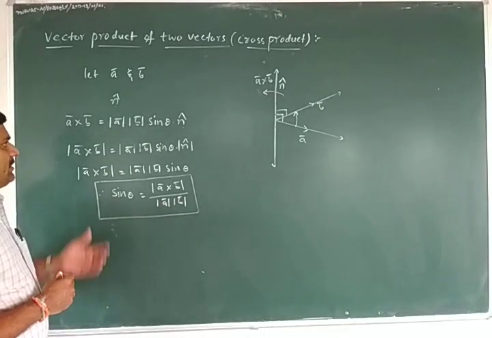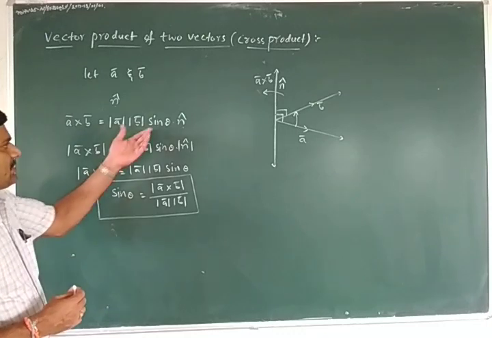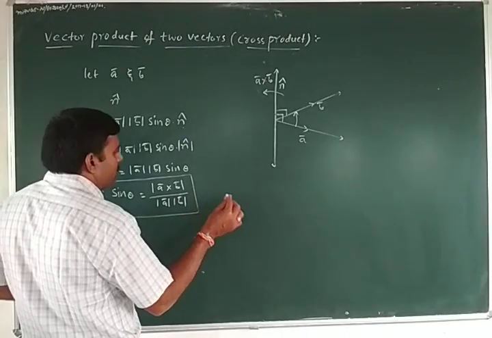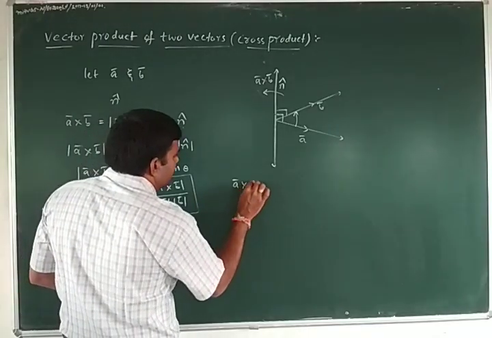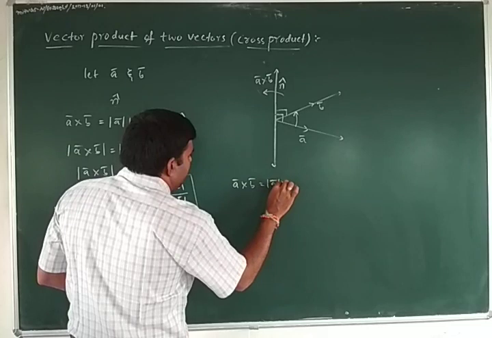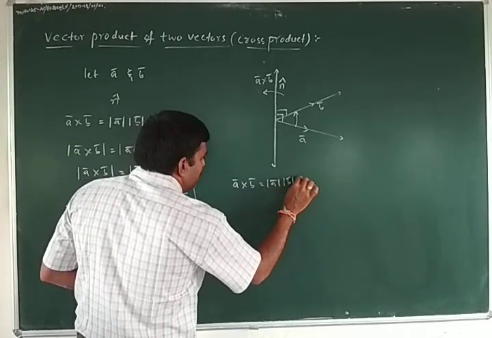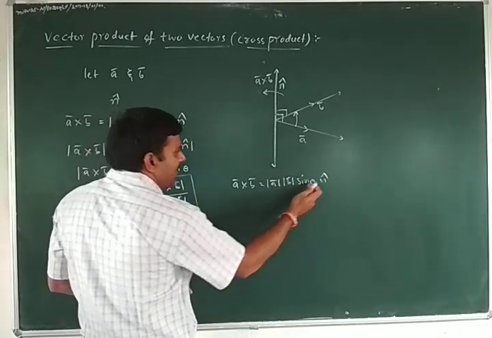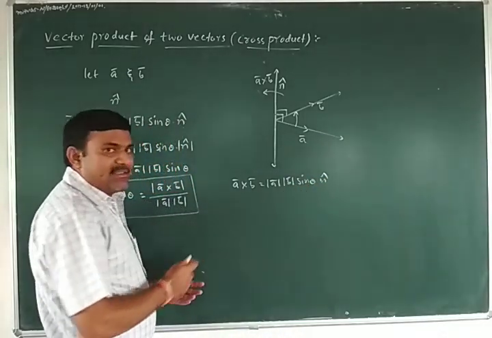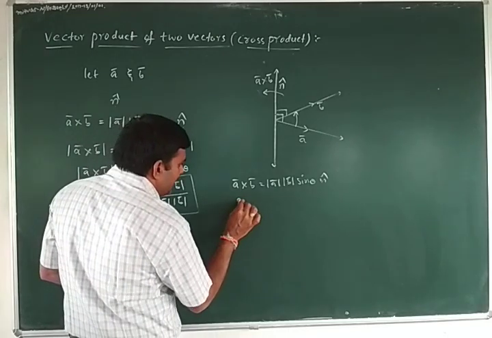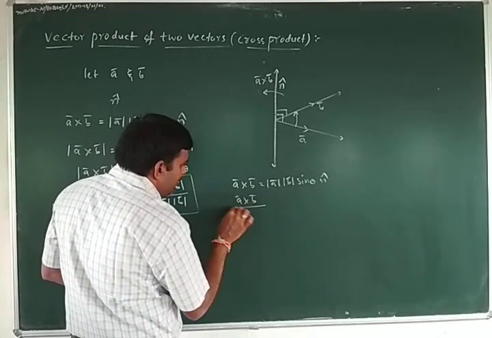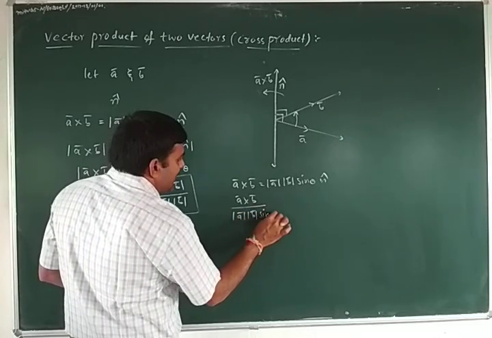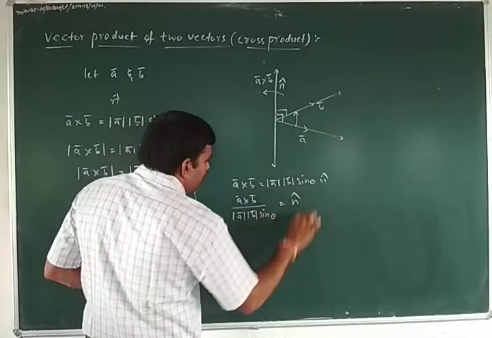And from this, suppose we require the n cap value. We have A bar cross B bar is equal to mod A bar into mod B bar into sin theta into n cap. Writing the denominator on the other side, A bar cross B bar divided by mod A bar into mod B bar into sin theta is equal to n cap.